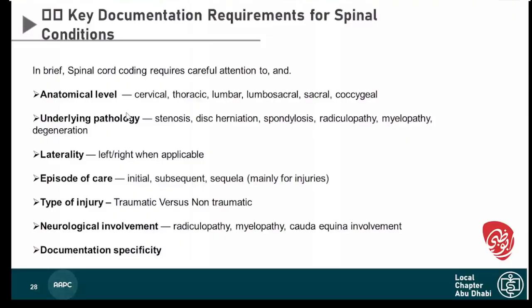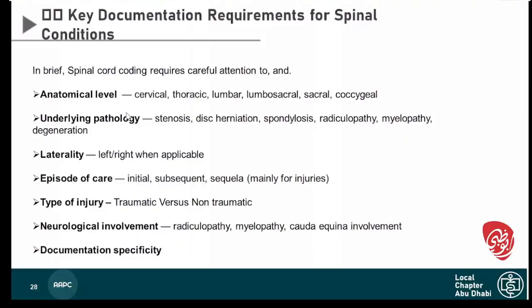If a patient had a road traffic accident and is admitted for vertebral fracture, then while coding the ICD we assign seventh character A, initial, depending upon the encounter or the treatment provided.